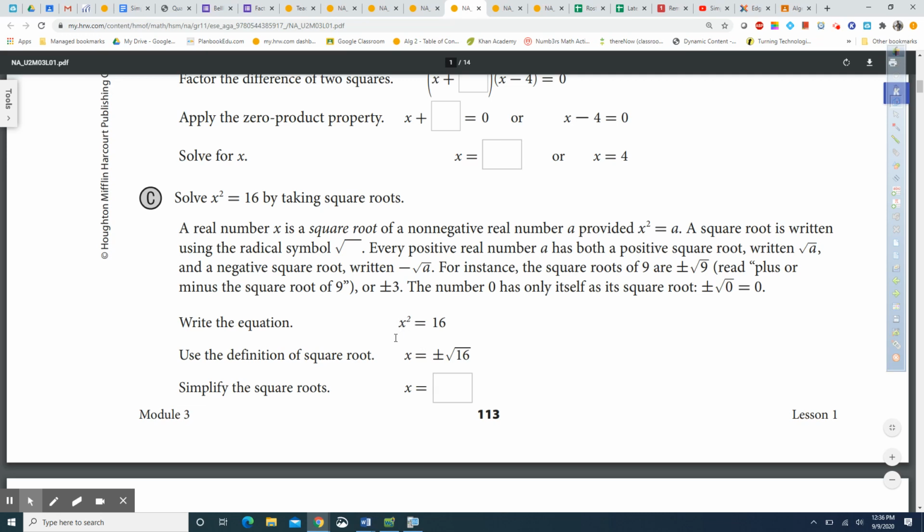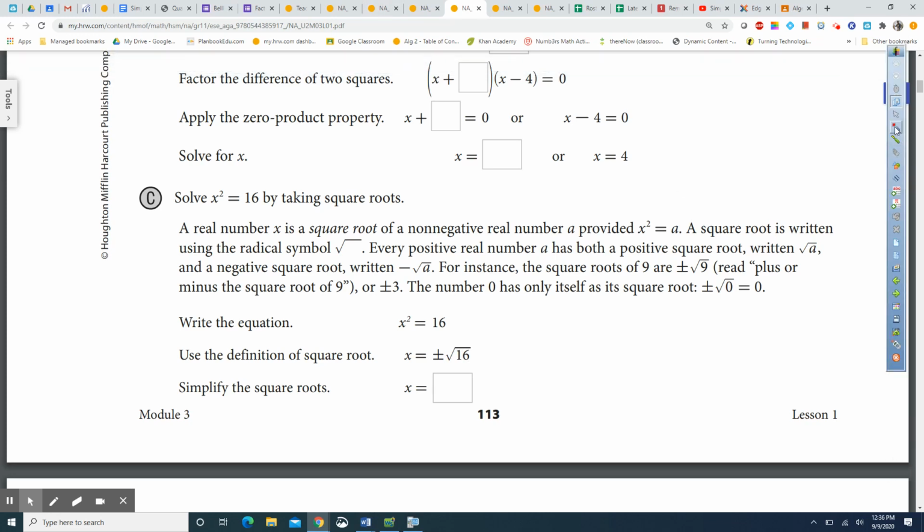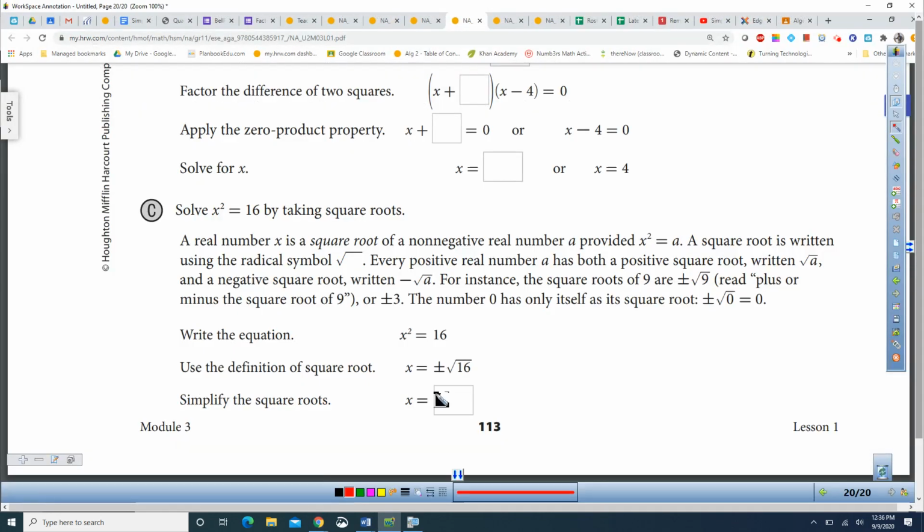They already have the square, so they took the square root of both sides. That cancels out here, leaves you just plain x, and gives you plus or minus. When you're doing square roots in an equation, you have to do the plus minus. The square root of 16 is just plain old 4 here, easy enough. So you get your plus and minus 4.